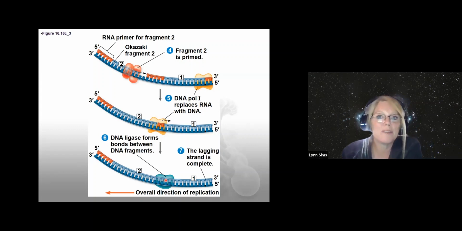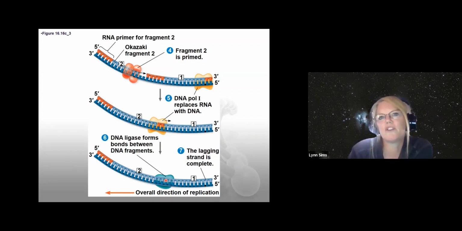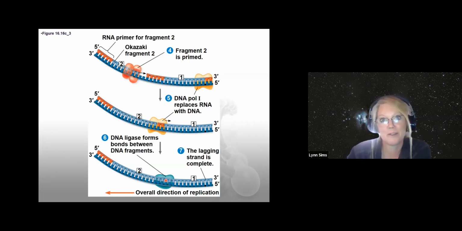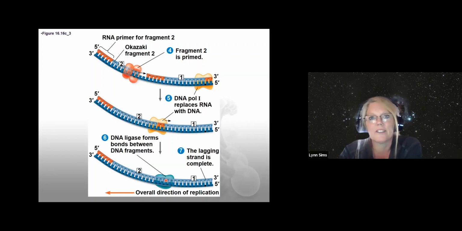Well, the enzyme DNA ligase, so to ligate means to connect, or create a bond. DNA ligase forms the bond between those two bases. So now we have a whole other enzyme, which we haven't even talked about yet. DNA ligase.